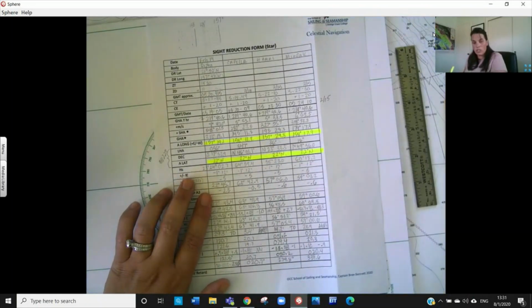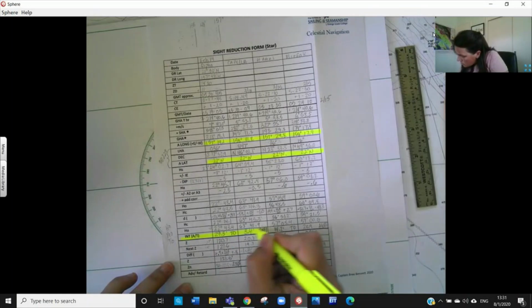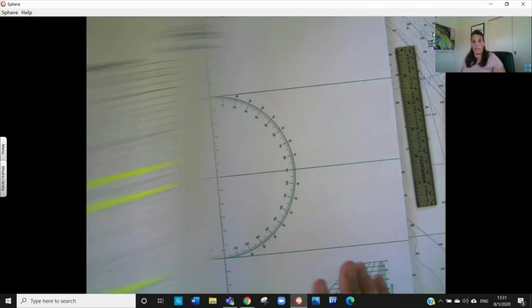And then I also need my intercept and my azimuth. So my intercept is here, and my azimuth is here. I don't need any of the other numbers. Those are the only 4 things I need to plot. So I will get started with plotting.